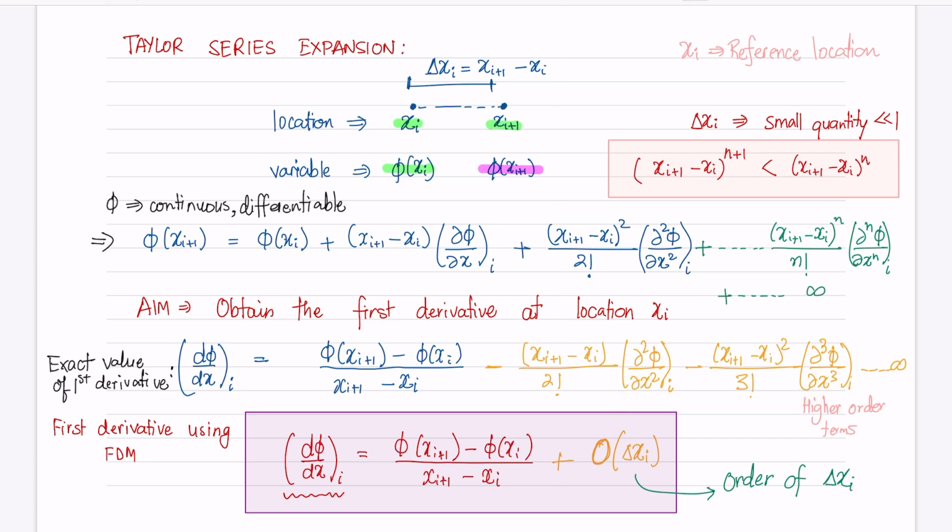So why don't we just truncate the series somewhere, or in this case we truncate the series here, and we say that this particular part where we had truncated is going to be an approximated version of the first derivative, and all these terms that we have neglected are going to be what is called a truncation error.